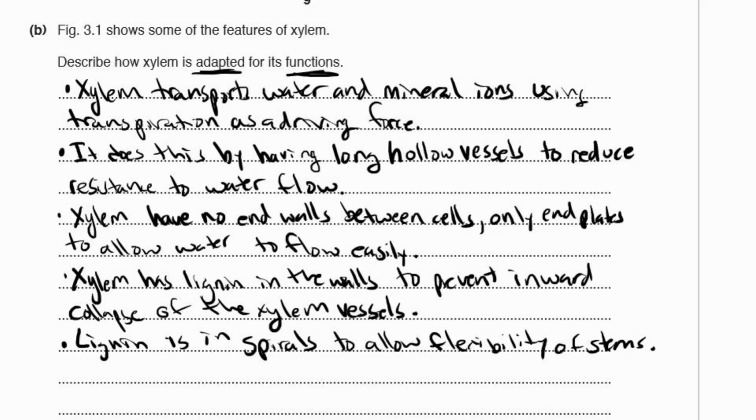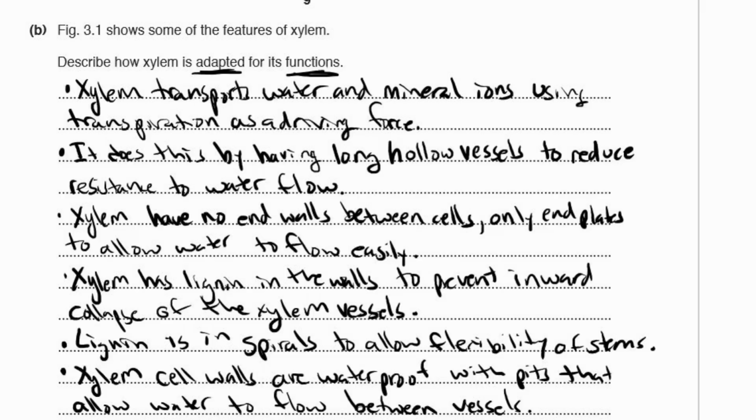Another thing you can talk about is that the xylem cell walls are actually waterproof, and they have pits on the side so that the water can flow between the vessels basically to where it needs to go, not just escape wherever it can. Okay, so xylem cell walls are waterproof with pits that allow water to flow between vessels.